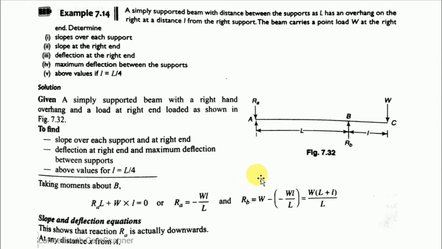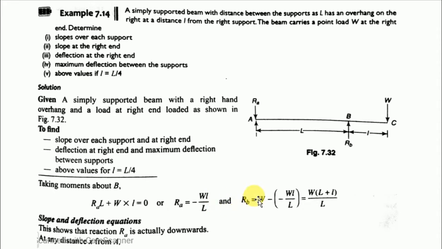But if we assume it acts upward, towards the top of the beam as we took in the first place, then it has a negative value showing the direction.